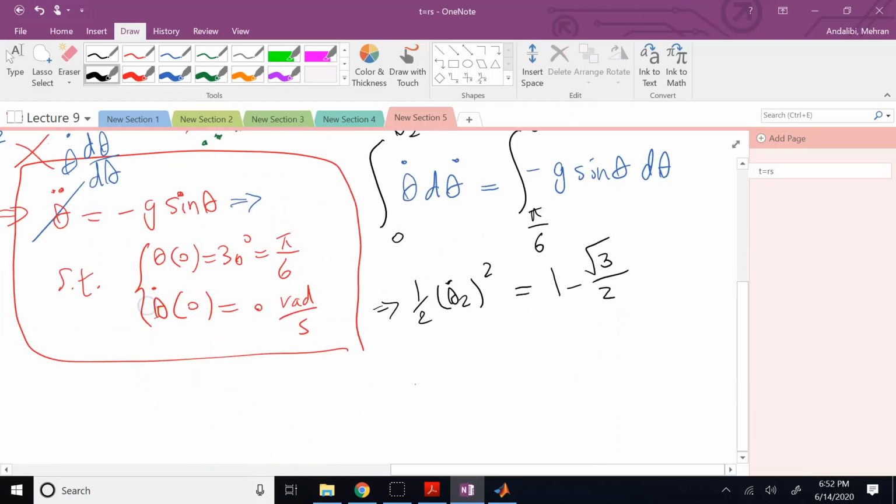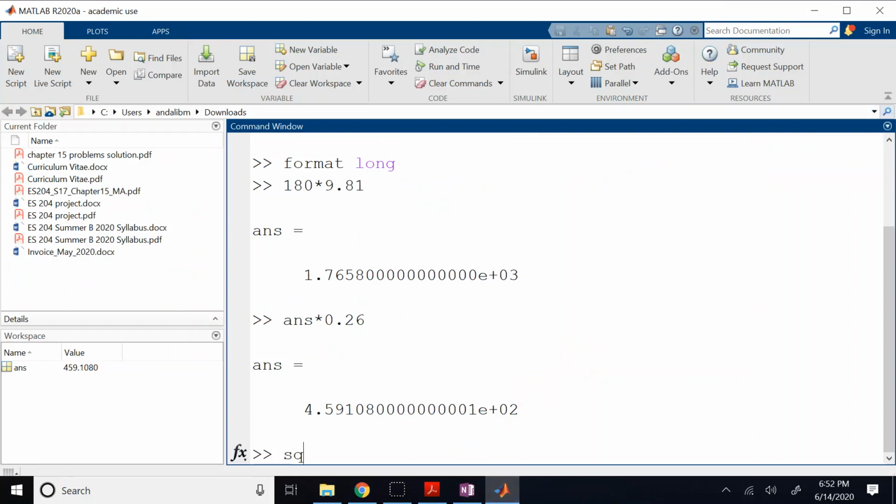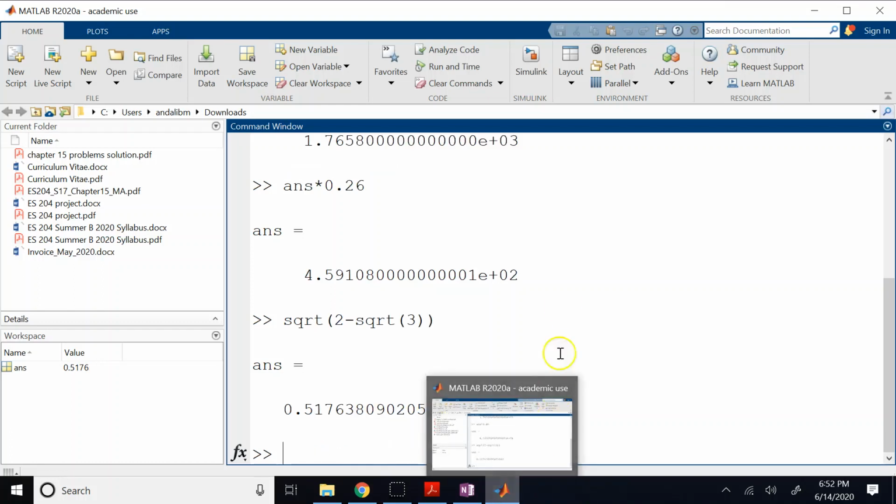And from here, you can find your theta dot of 2, right? Which is going to be square root of 2 minus square root 3. So 0.52.